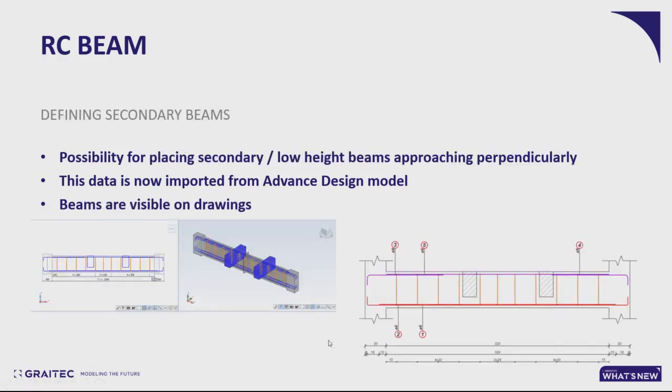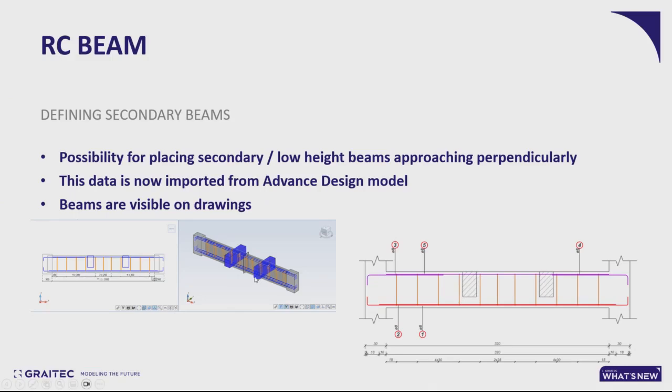Another new feature is defining the secondary beams. So basically now we can define secondary beams as, let's say, low height beams approaching perpendicular to your main beam. We can define them as not being supported, so they can be just there to help you with drawing.